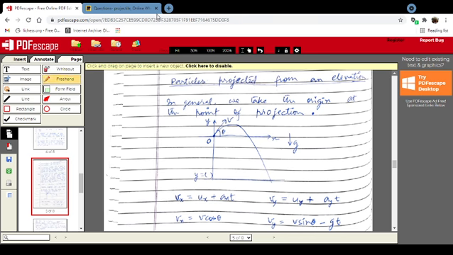So what we do is that you have an elevation or some kind of cliff, and from this cliff we are going to project a ball with some speed v at an angle theta with the horizontal. As you can see, this particle goes up in the vertical direction, just like a projectile motion.